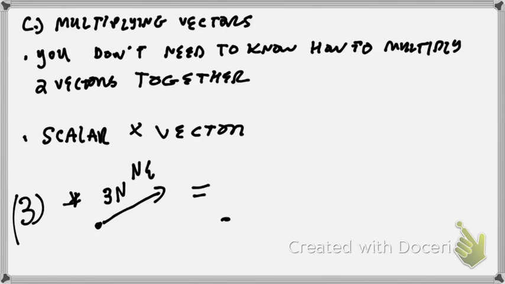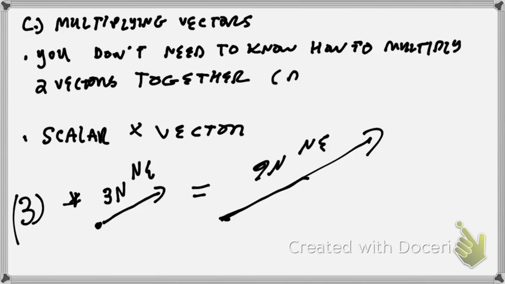The only effect is that instead of it being 3, it's going to be 9 newtons northeast. That's the only difference that multiplying a scalar by a vector is going to have. So that is pretty much the only thing you need to know about multiplying vectors, so you don't need to know anything about dot products or cross products.